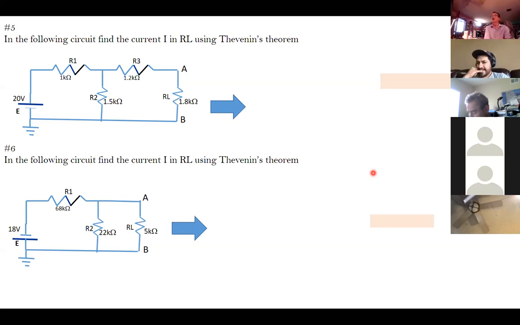But for the knowledge, I'm asking you to understand what we're using Thevenin for. How do I calculate the V Thevenin? How do I calculate the R Thevenin? You don't have to do any calculation, but in the field they can ask you. That's why I want you to know.